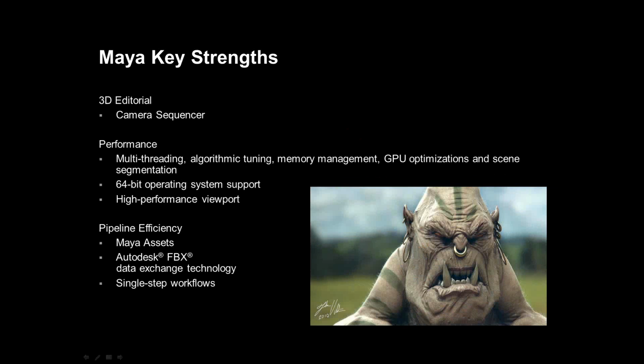Maya offers 3D editing capabilities with what they call the camera sequencer, which features a sequencer playlist. So you can add multi-track audio. It works very well with other non-linear applications like Final Cut Pro if you have an Apple or a Mac, I mean. Ideal for 3D editing animations for previsualization or virtual movie making.